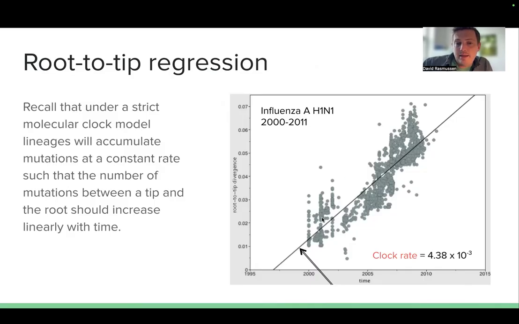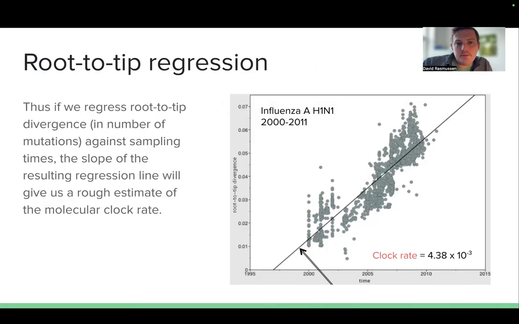And that means that if we regress the root to tip distance, like how far our samples are from the root, against the time at which individual sequences were sampled, we expect to see this linear relationship, right? Where the farther towards the present individuals were sampled, the more mutations we would have expected to accumulate since the root.